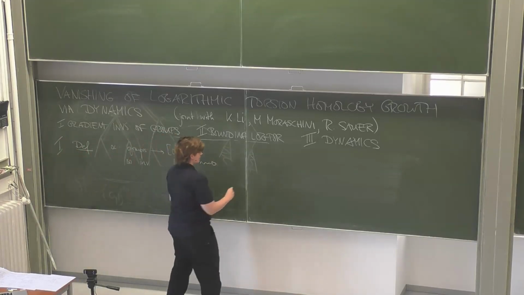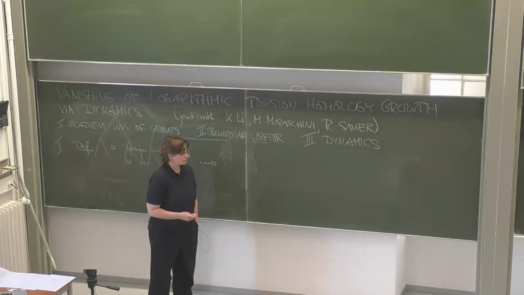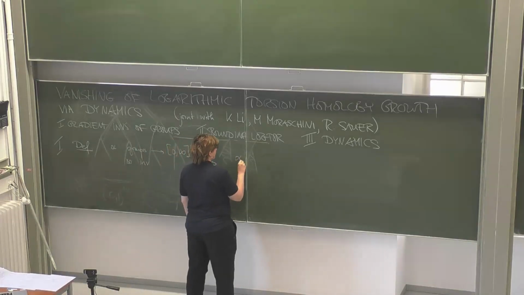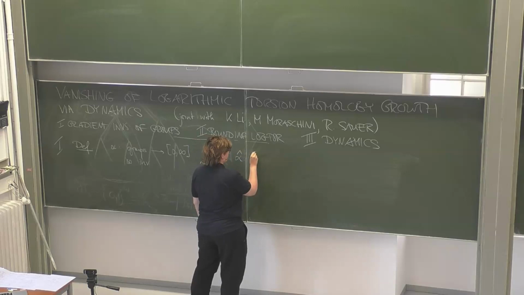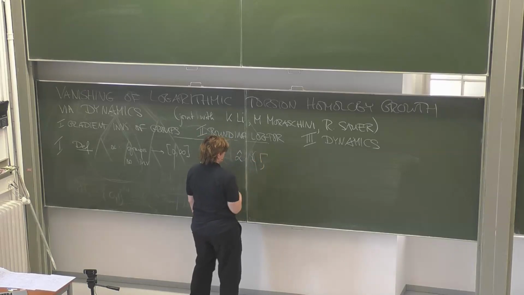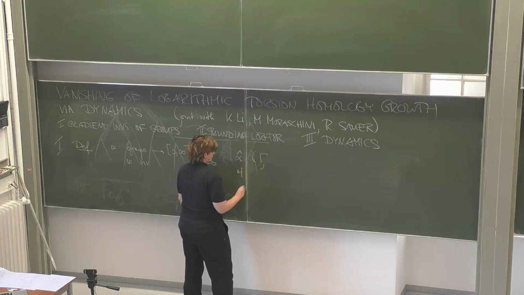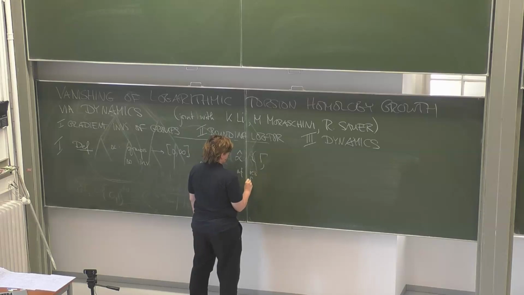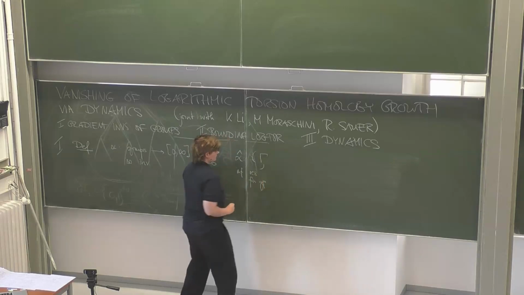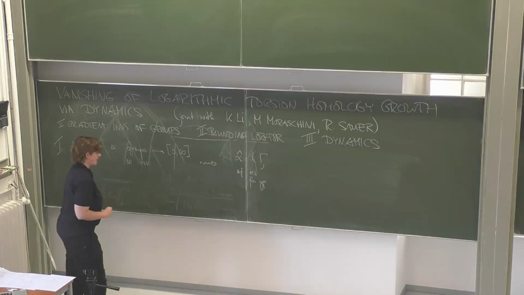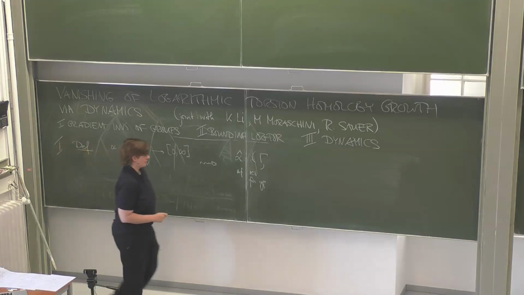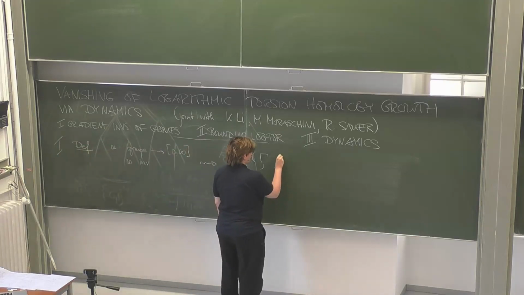Namely, you could look at residually finite groups, and then you could do the following. Let's say gamma is an infinite residually finite group. Now you could look at a residual chain inside of gamma.